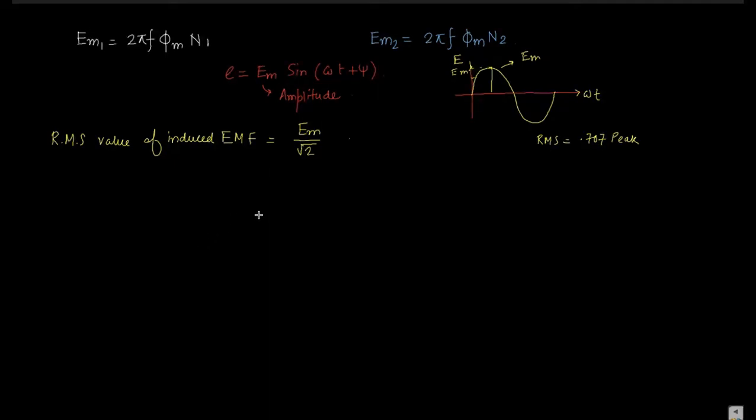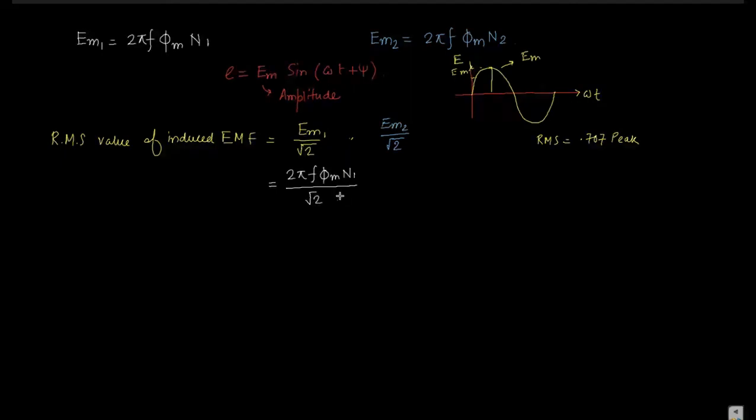So for the primary side, it becomes Em1 by root 2, and for the secondary side, Em2 by root 2, but the general form is Em by root 2. So Em1 by root 2 becomes 2 pi f phi m into N1 by root 2.